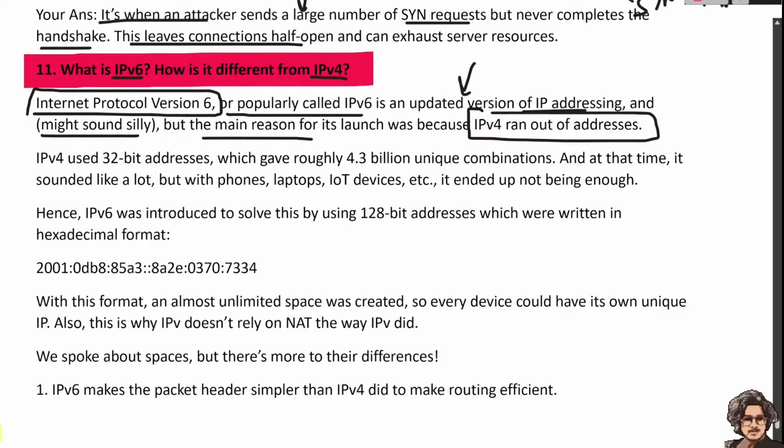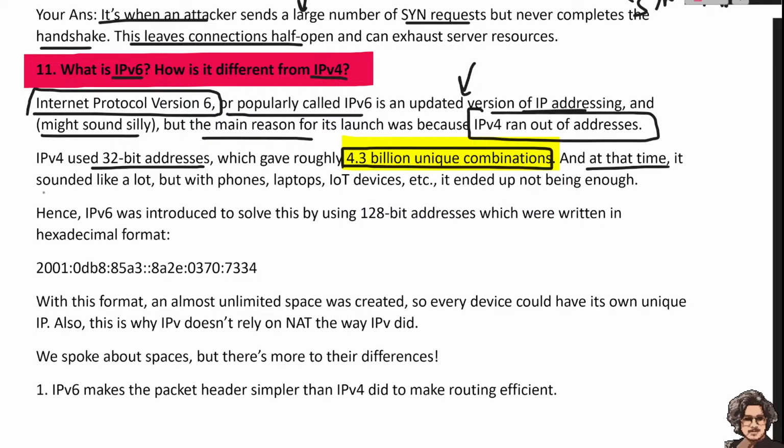Internet Protocol version 6 is popularly known as IPv6. The main reason it was launched is that we ran out of addresses with IPv4. IPv4 uses a 32-bit address and gave roughly 4.3 billion unique combinations.